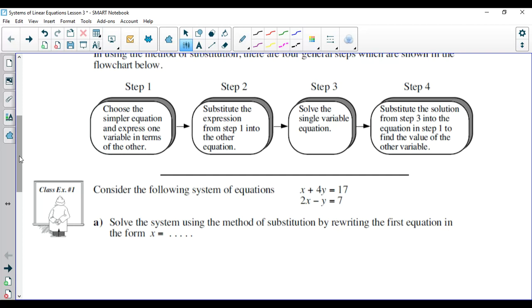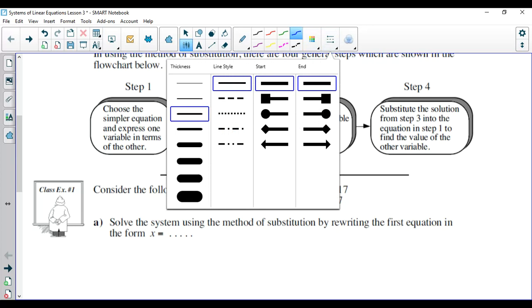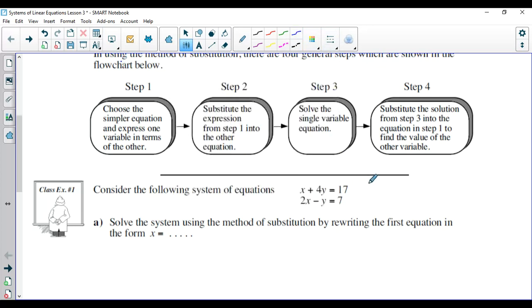Okay, so in the first example, we have a system of equations. We have x plus 4y is equal to 17. I'm just going to rewrite the equations out here, in a different color. So I'm going to have x plus 4y equals 17. Now, I'm going to box this equation, and I'm going to number it as equation number 1.